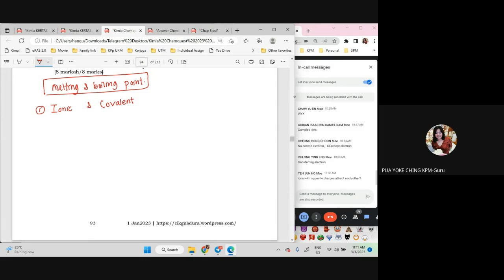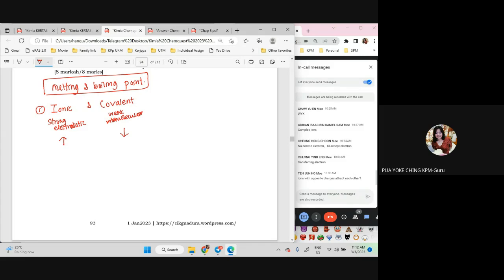Kalau banding antara ionic and covalent, this is very simple. You have strong electrostatic forces between ion. You have weak intermolecular forces of attractions between molecules. So this one high, this one low.